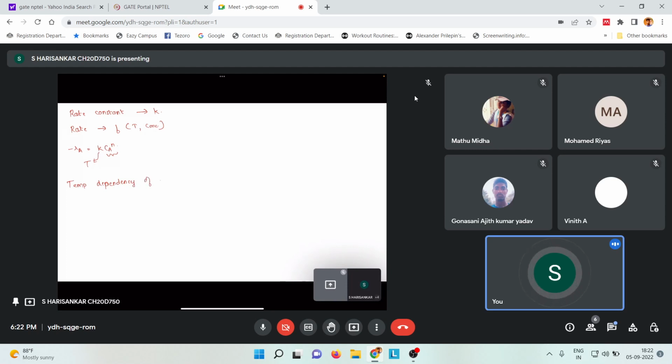The temperature dependency of the reaction rate, or the rate constant k, we can write as k is equal to k0 T raised to m e raised to minus E by RT. Here k is the rate constant, and k0 is known as the frequency factor, which is also constant.